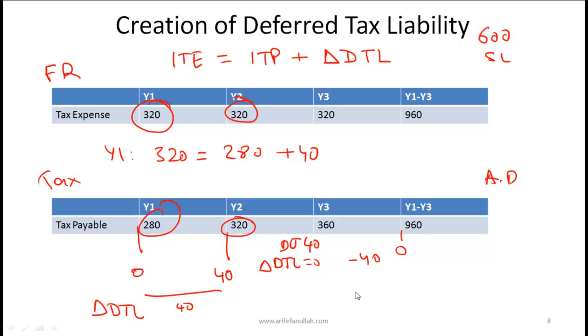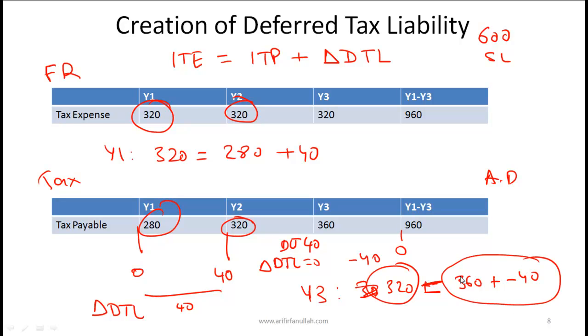And if we look at the equation, in year 3, our income tax expense was 320. So the 320 income tax expense is equal to the tax payable, which is 360, plus the change in deferred tax liability, which is minus 40. And here again the equation balances.